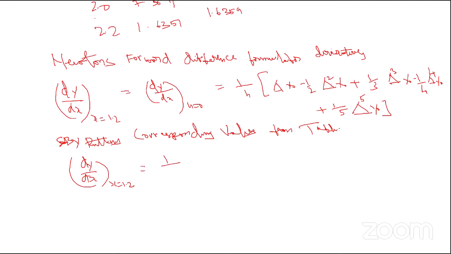Here h means 0.2, the class interval difference.